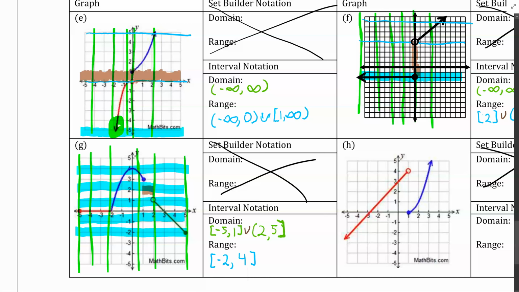And the trick that I use is to take your pencil and sweep along the graph. If your pencil stops touching the graph completely, then we have a gap. If your pencil is able to go from left to right, and it's always touching the graph somewhere in the world, then it's one continuous section.